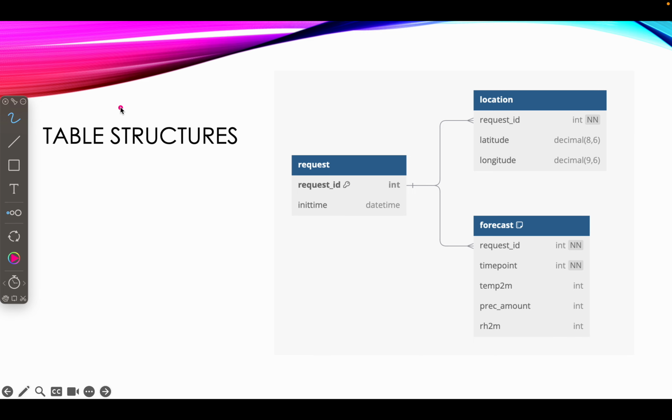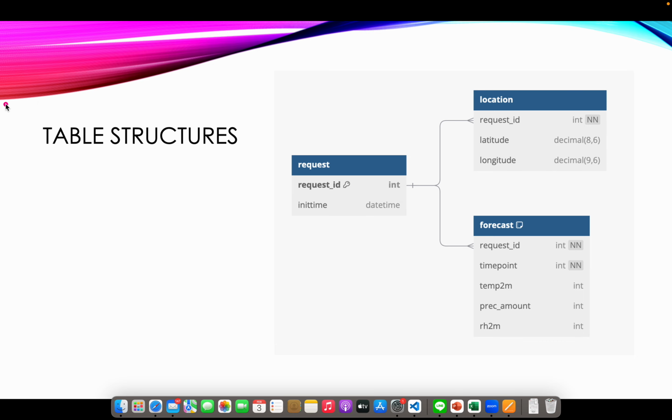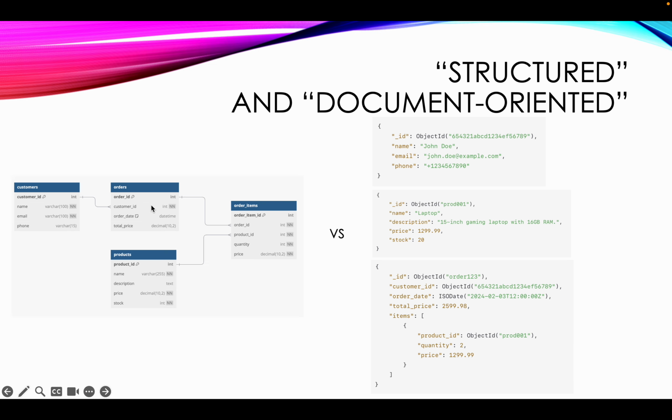And then in each time point, you can store the values. If some values are missing, or if some field is introduced in one time point but not in other time points, you can use the document. But if you want to add some new field here, it's very, very difficult. Okay, so this is one example.